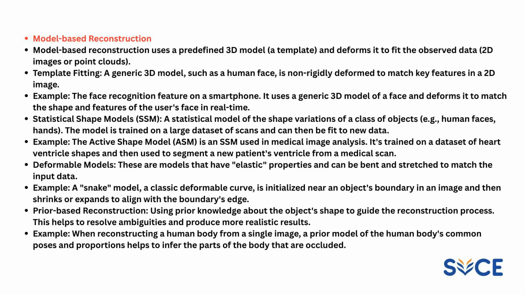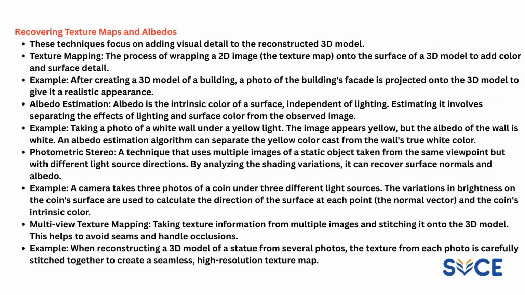Next, we can talk about texture maps and albedos. I'll start with an interaction here. So far we have talked about how to get the shape of an object in 3D. But if you have ever seen a plain 3D model, just gray polygons, it does not look very convincing, right?